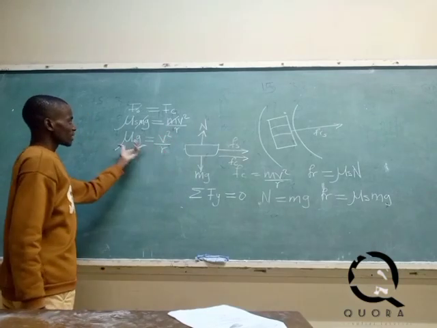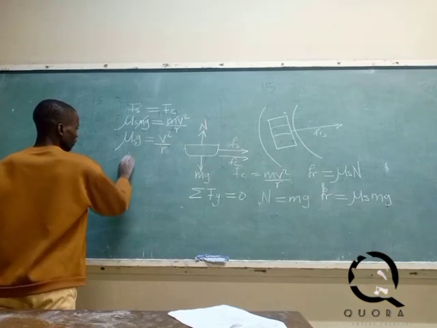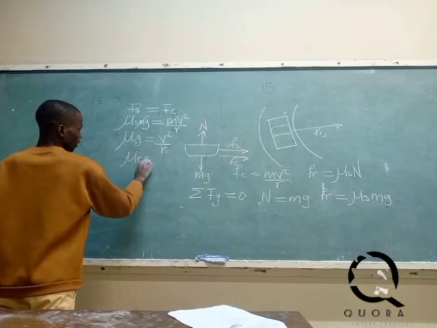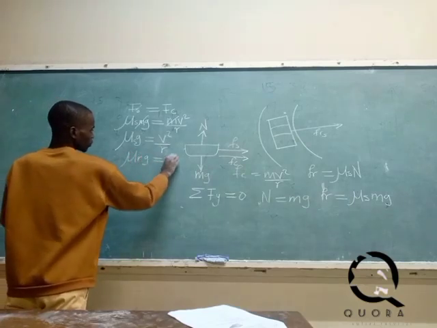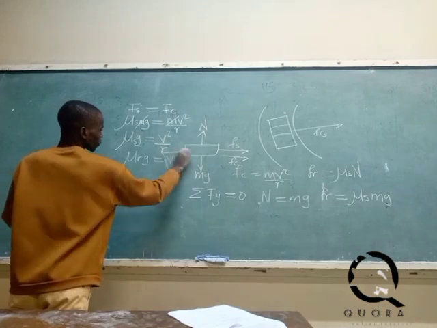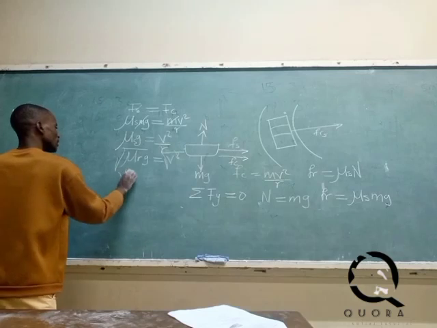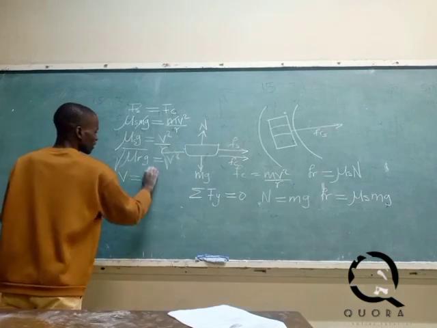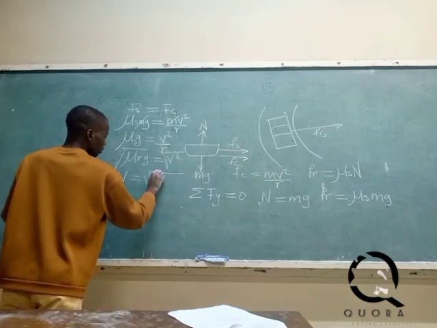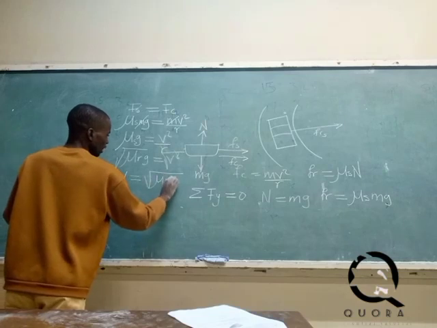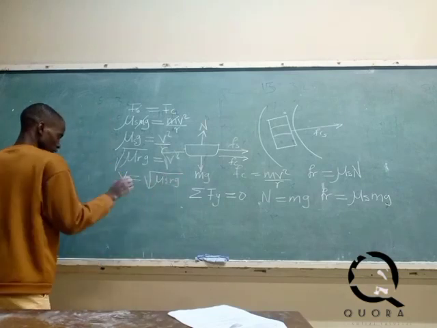Multiply by the radius, and we have mu r g equal to v squared. If you take the square root on both sides, you will find that the velocity the car is going to have is the root of mu static r g.